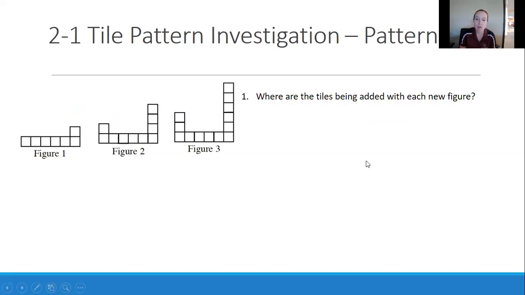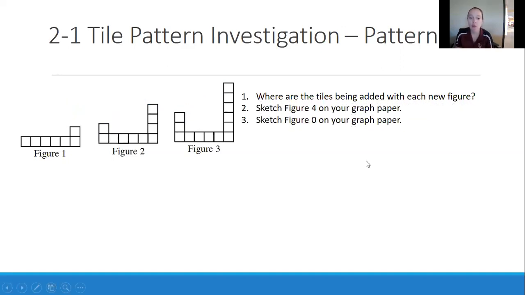All right, let's take a look at question 2. I'm going to do question 2 and 3 together, just so we can understand. Well, we just figured out that we're adding 3 tiles each time and where they're adding. Now, I'm not going to draw figure 4 individually, but I am going to show you what it would look like.